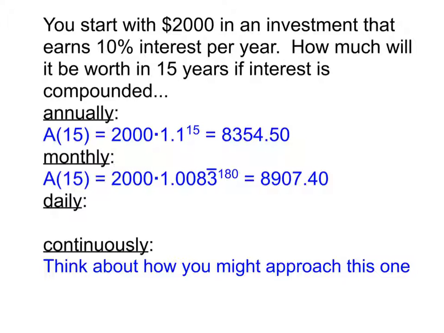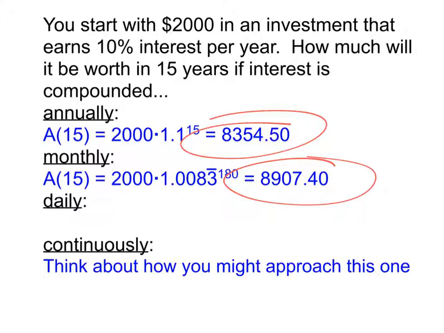So notice in this case, there's actually a very dramatic jump going from just annually compounded to monthly compounded. So going from here to here, notice we actually got quite a bit more because it was compounded more often. The bigger the rate and the longer you leave it there, the better off you are.